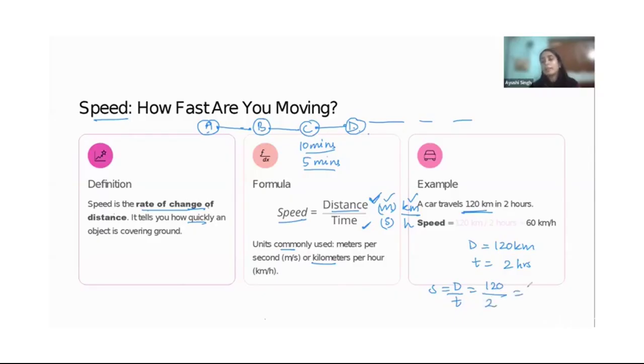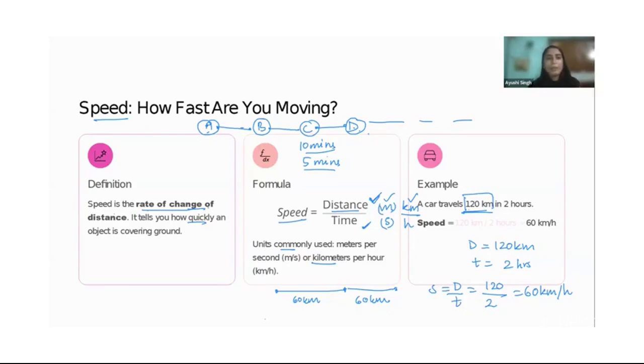And if you try solving, this will be 60 kilometers per hour. That means each hour you are going 60 kilometers. For the first hour, you went 60 kilometers. And then the second hour, again you went 60 kilometers. And that's how you covered your whole 120 kilometers. So 60 kilometers you have traveled per hour.